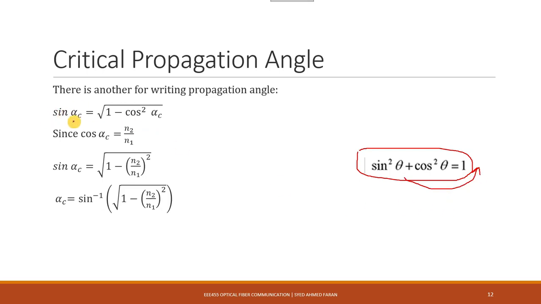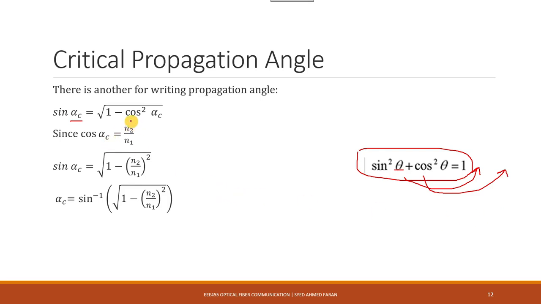Since the angle is called alpha c for us, we are not using the term theta, in fact we are using alpha c. So sin alpha c is equal to the square root of 1 minus cosine square alpha c. So we took cosine to the right hand side of this equation.